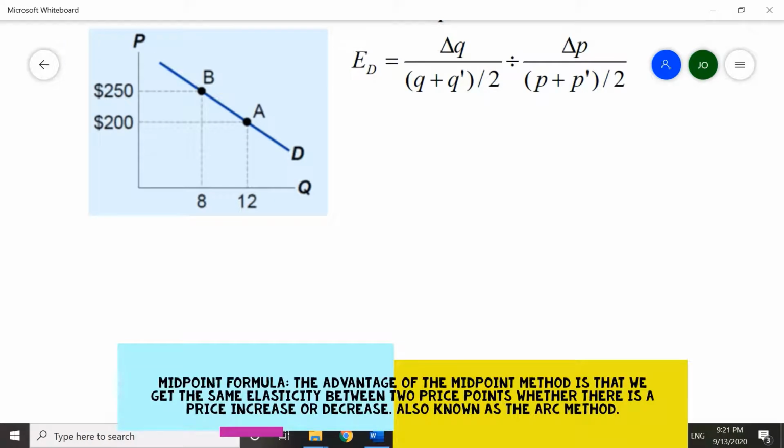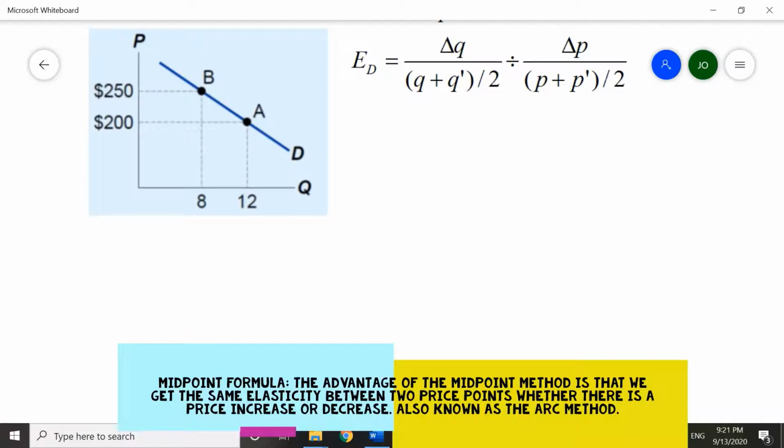In this case, we have an elasticity of demand formula called the midpoint formula. You might be wondering why this formula doesn't have a percent change or something that looks similar to what we've done before. The answer is a bit complicated, but we can summarize it like this.